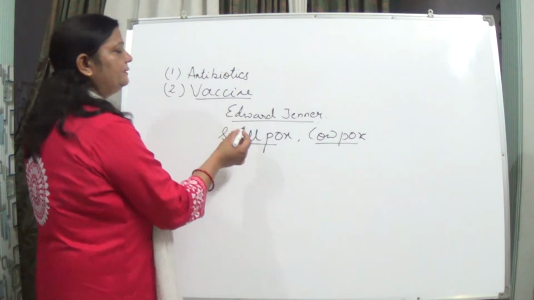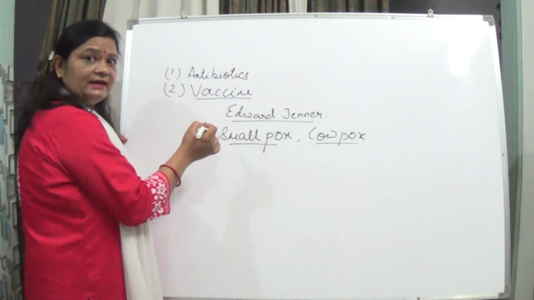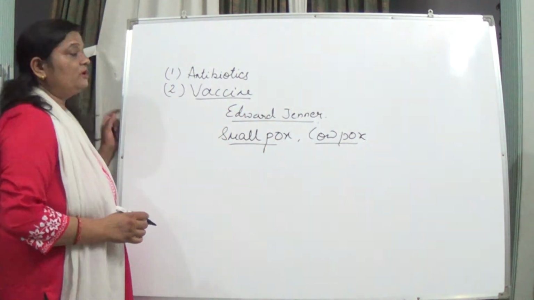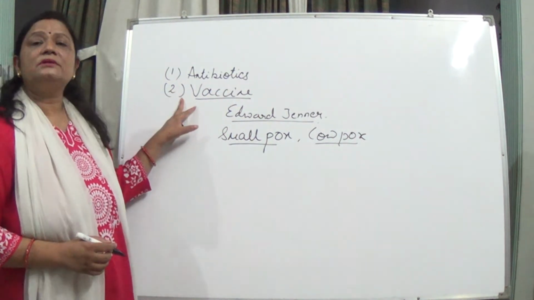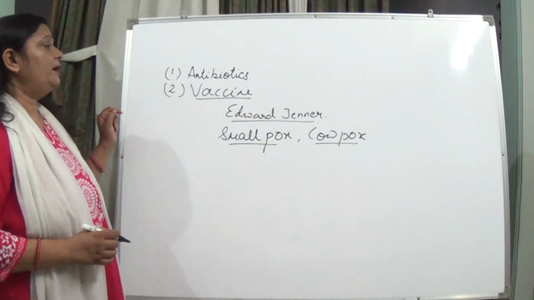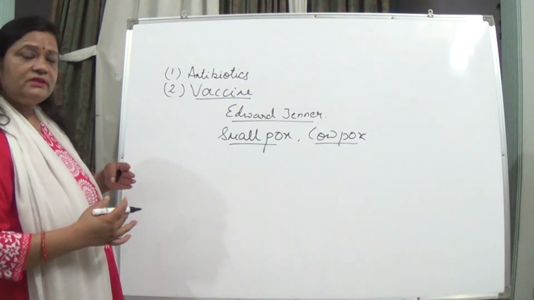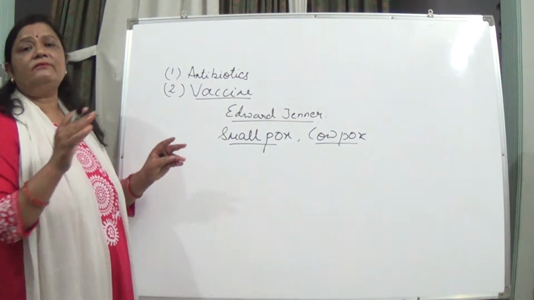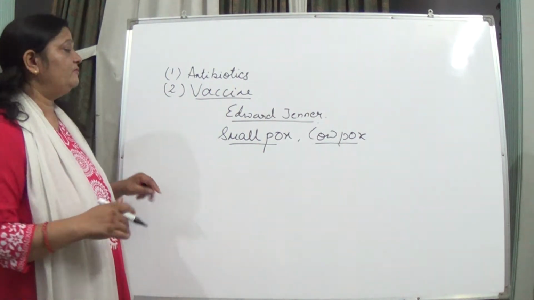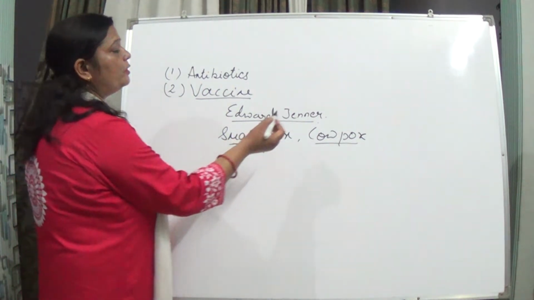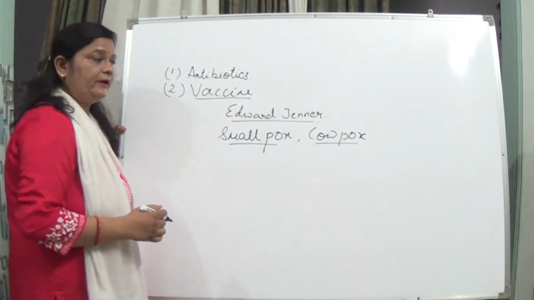The second medicinal use of microorganisms is the vaccine. With the name vaccine, Edward Jenner's name is related, because he was the first one to discover the vaccine. So what is the story behind it? Let us understand. In a village, there was a population in which some people were suffering from smallpox and some from cowpox.